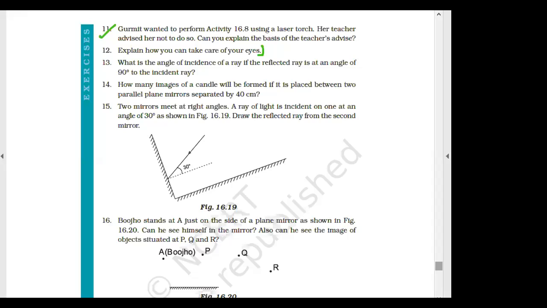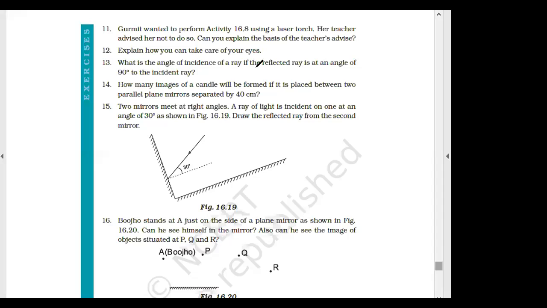Do not watch at a very short distance. Wash your eyes frequently. Keep enough rest for your eyes. Okay, so there are many ways. You just have to write all of them, you know, right?